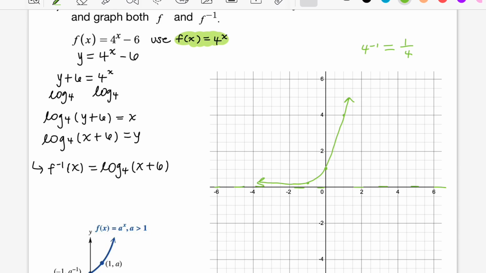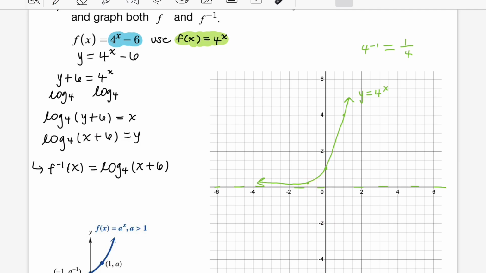Alright, then we can use graph translations to graph 4 to the x minus 6. In this case, this is going to be our graph of 4 to the x shifted 6 units downward. So we shift these 3 points 6 units downward. First, we'll shift this one 6 units downward, so that'll be 1, 2, 3, 4, 5, 6. That point will be right about there.